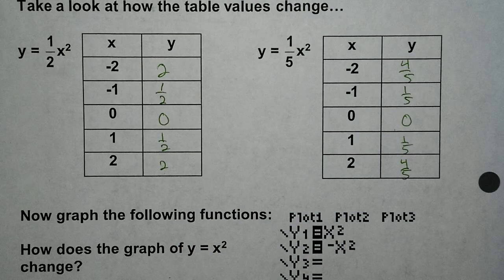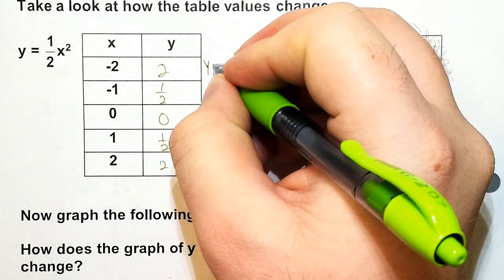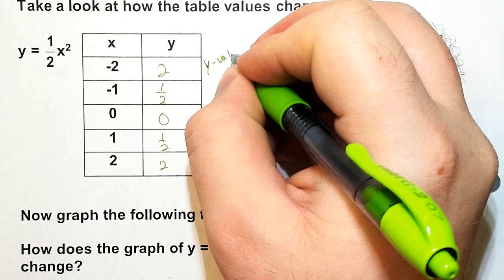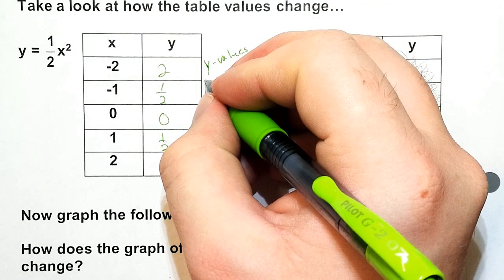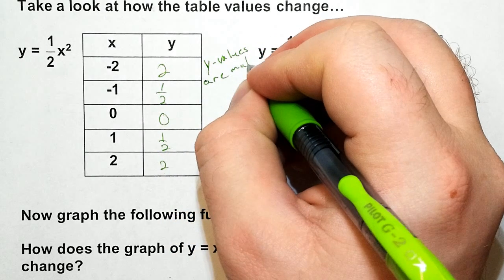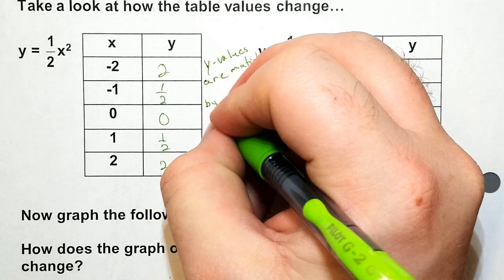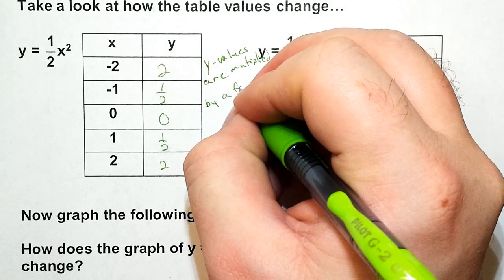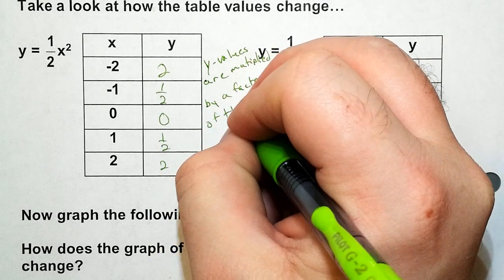So each time, the y values are once again multiplied by a factor of the coefficient.